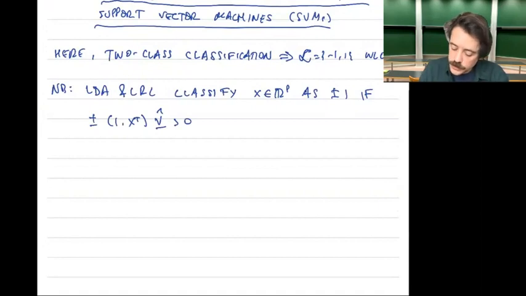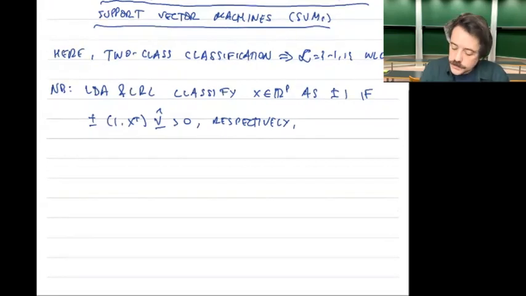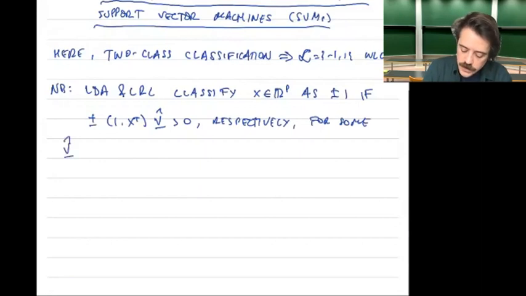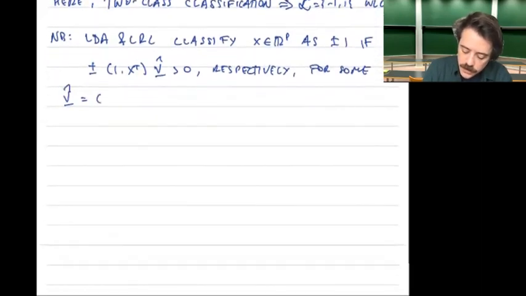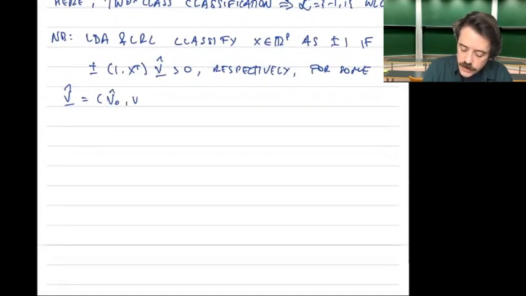And this is of course respectively, because we have these two signs here. This is for some fitted V that comprises some V naught, then some V hat.